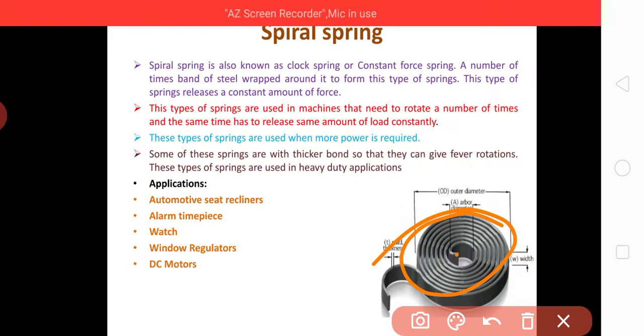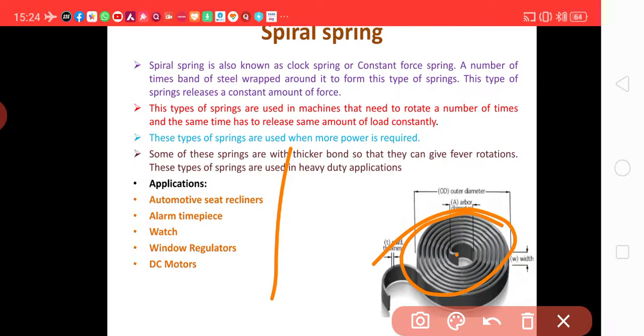These types of springs are used when more power is required. Some of these springs have a thicker band so that they give fewer rotations. These springs are used in heavy duty applications. The applications I told you earlier are automotive seat recliners, alarm timepieces, watches, window regulators and DC motors.